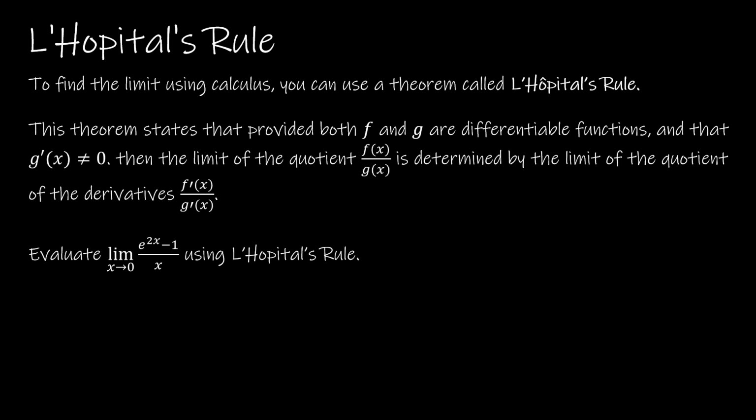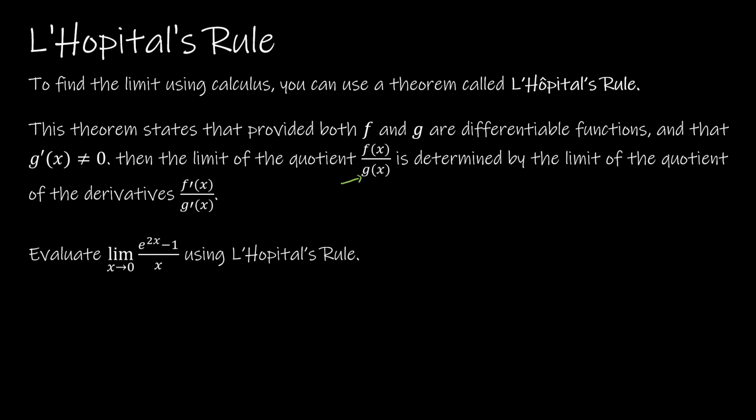So L'Hopital's rule is a great way, using calculus, to be able to determine the limit of a function. The conditions that must be met are that f and g must both be differentiable functions, and that the derivative of g of x cannot be 0, because g is the function in the denominator.